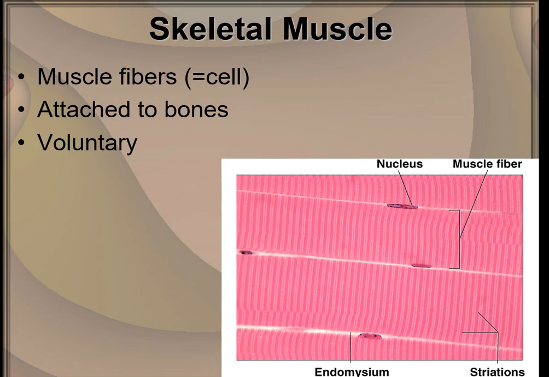Your brain sends signals to the skeletal muscle and tells it what to do, all right? So the skeletal muscle won't do anything unless you tell it to. It has this striated appearance that you guys can see. Okay, it looks kind of like a hot pink tiger print, and it's multinucleated.